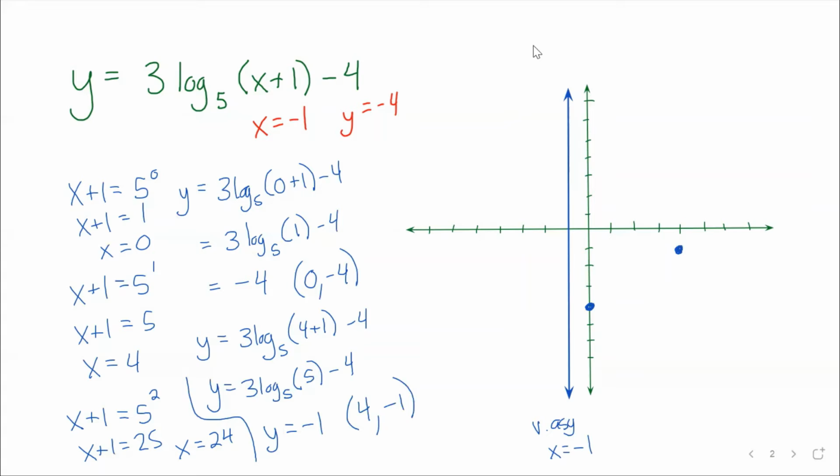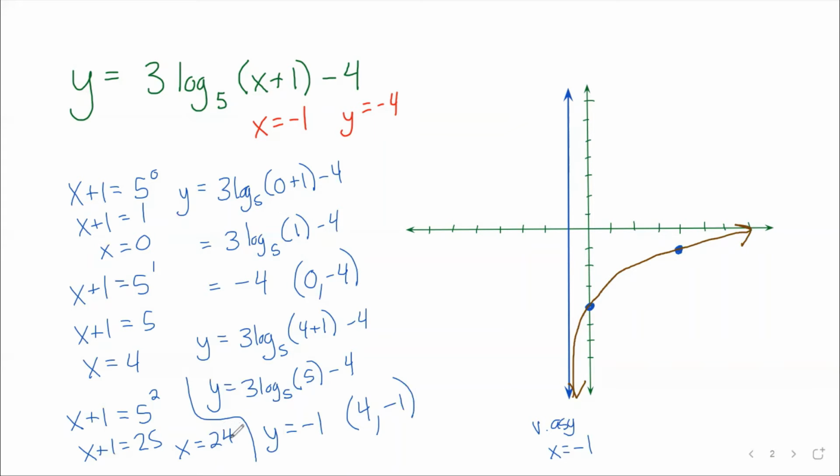And so now we have a pretty good idea of what the shape of the graph should be. Let me switch colors here. There we go. Okay, got it. And as always, the vertical asymptote and 2 points will shape our graph.